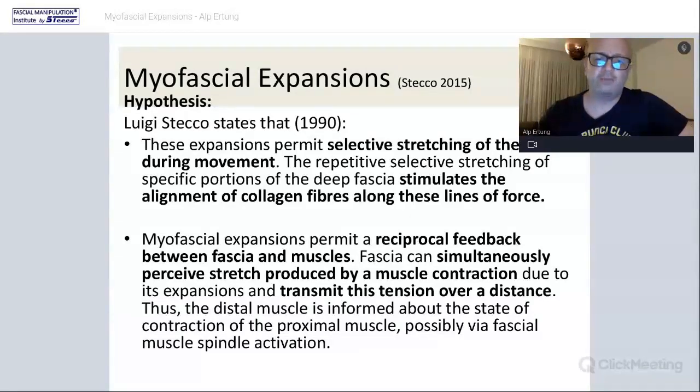They are really, really important receptors which help us to reflexively regulate the contractions of the muscles, regulate the movements, and support the sensory motor system of the whole nervous system. So this is really important.